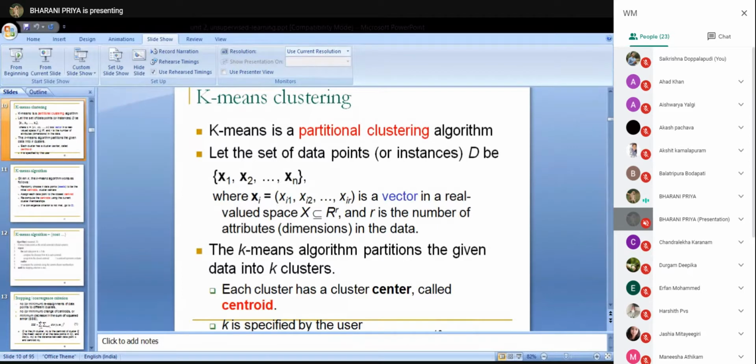Whichever may be the nearer, we'll assign T1 to that point. Similarly, we'll check for all data points. This is the first stage. After calculating, what is the next stage? We'll calculate the mean of these new clusters and we'll form the new clusters again.